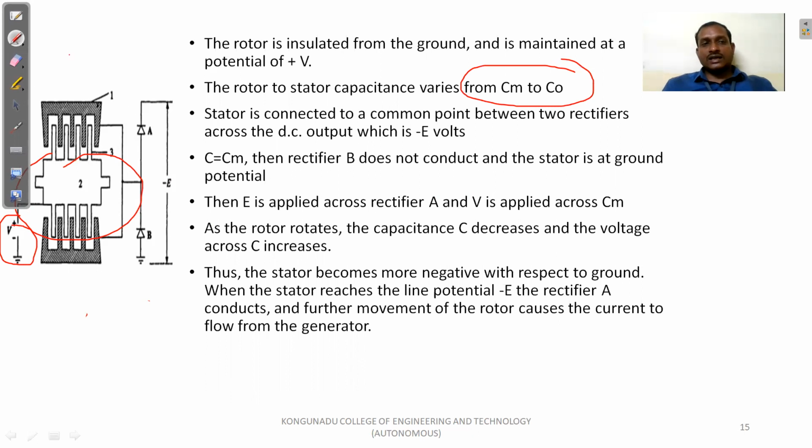The stator is connected to a common point between the two rectifiers A and B, and the DC output is minus E volt.